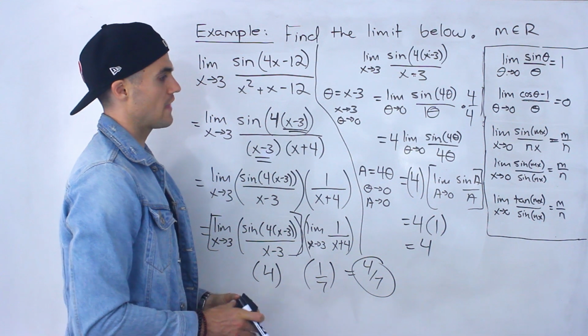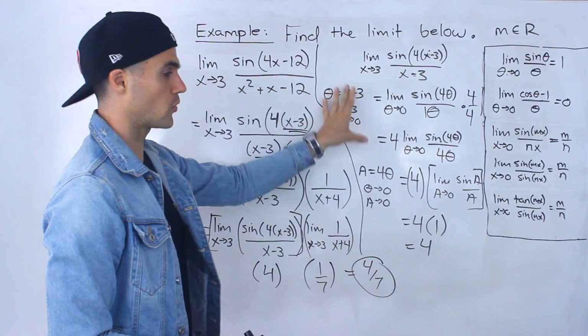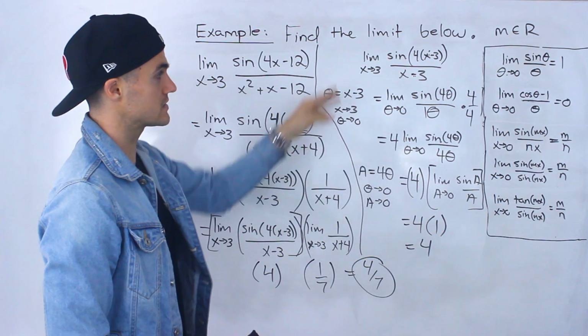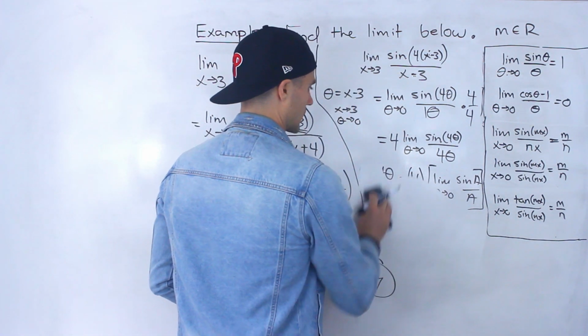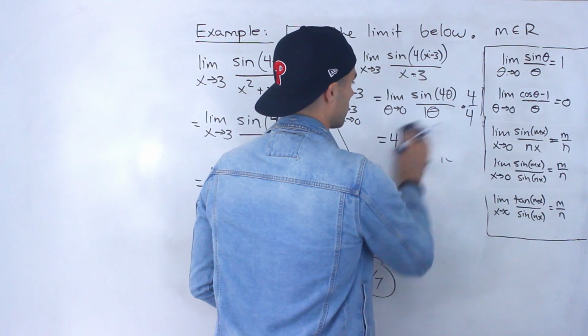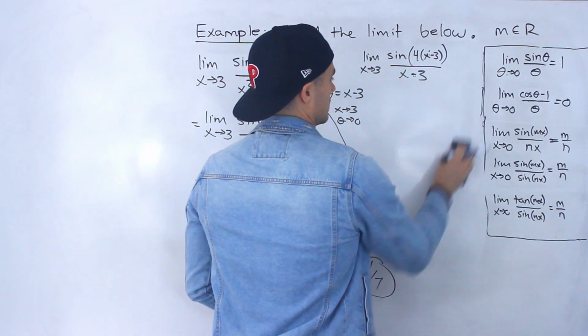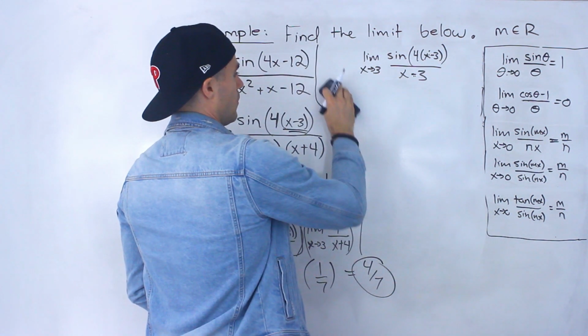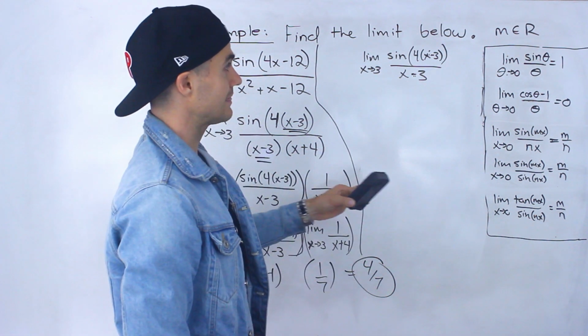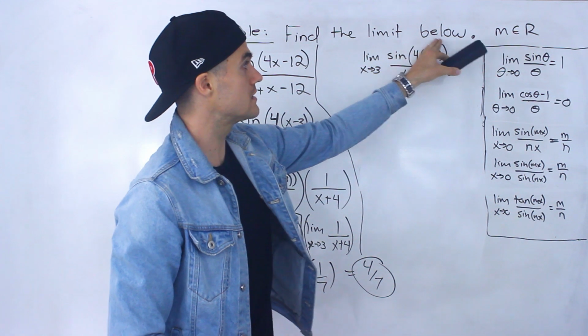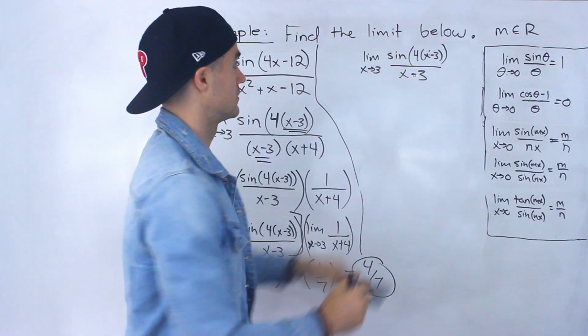Now, I also mentioned that instead of doing a change of variable twice, you can also do it once at this step. It's a little bit more complex, but I'll show it to you anyway. So what we can do is we can actually let theta equal that entire expression.